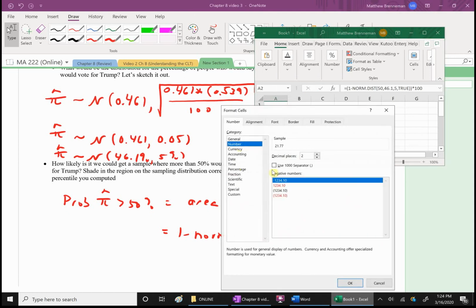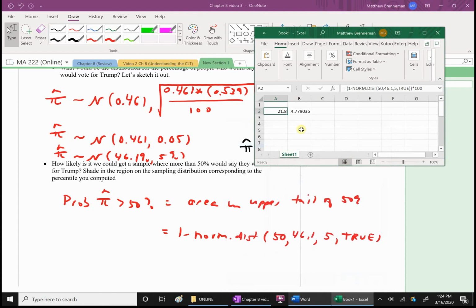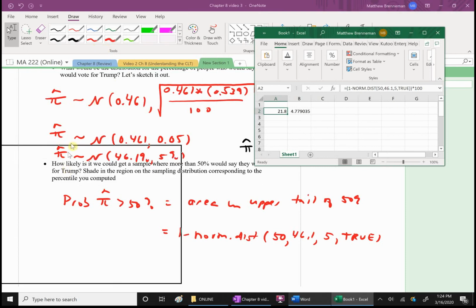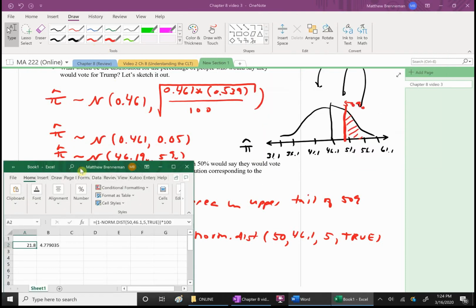Let me go back to numbers. There we go. And we see it's roughly about 21.8%. So if we look at the area in this upper tail here, okay, let's see if I can put everything on one screen easily. The area in this upper tail is roughly 21.8%, and that's our final answer.